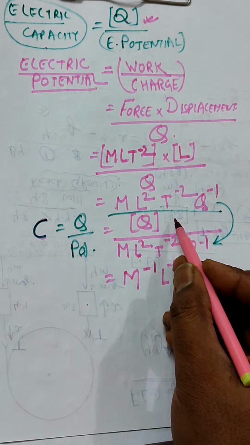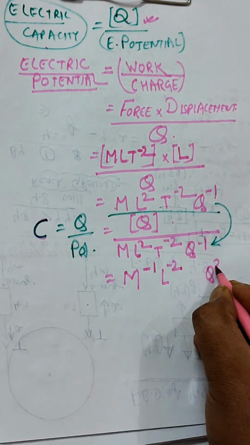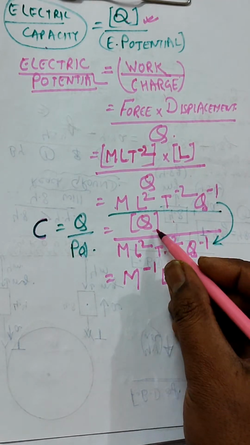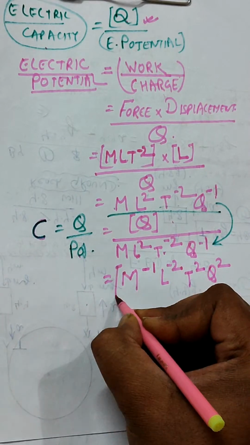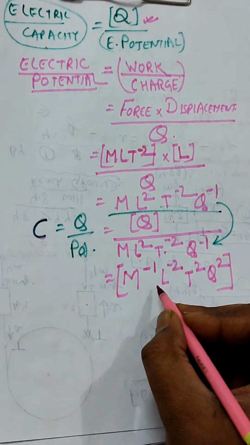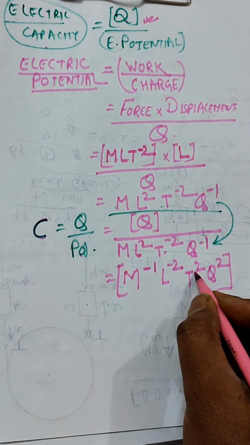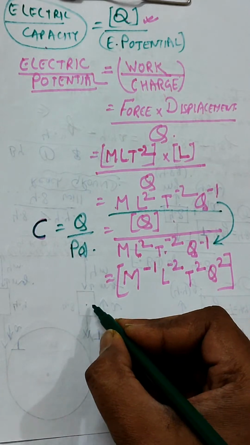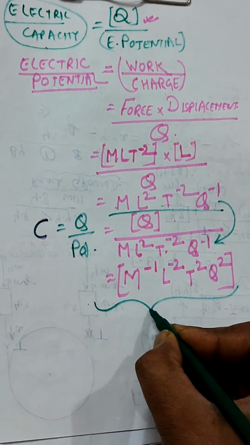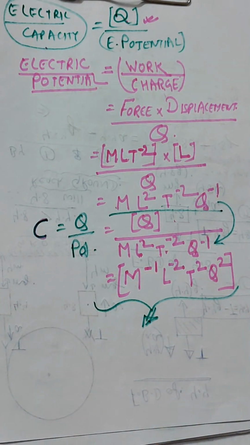This Q, when going into the numerator, will be Q², and T, when going into the numerator, will be T². So M⁻¹L⁻²T²Q². This is the dimension of electrical capacity.